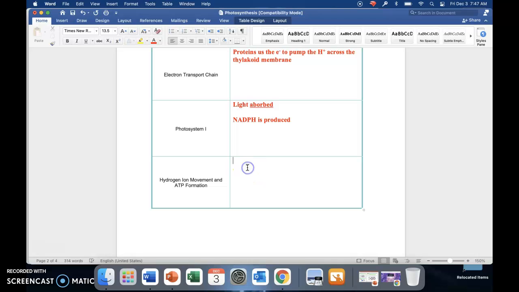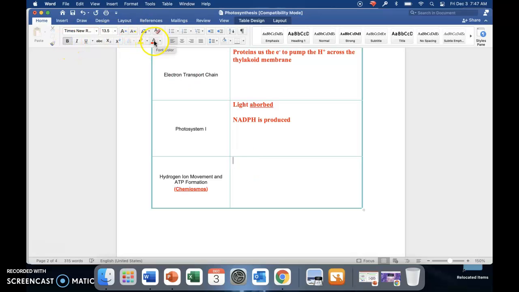And then finally we get to this last part. They call it the hydrogen ion movement. I do want you to remember this is what I called chemiosmosis. So I'm just going to add that in there. And then we'll go from there.